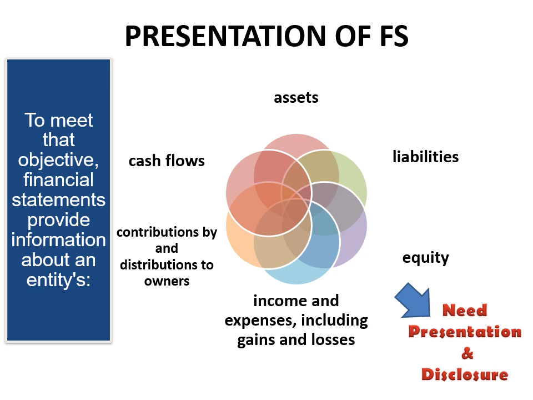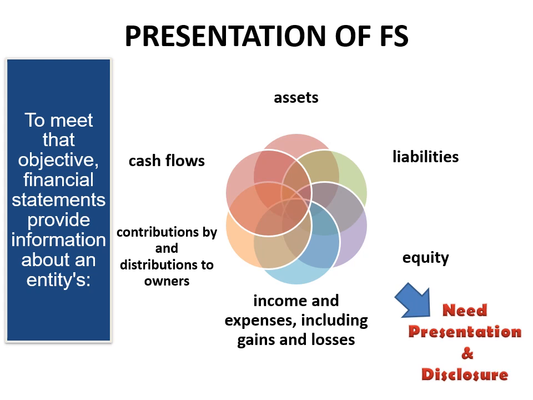So to meet the objective, at least we have to be able to provide the users with information dealing with assets, liabilities, equity, and cash flow. Also, any information concerned with contributions by and distributions to the owners, and then income and expense, including gains and losses.